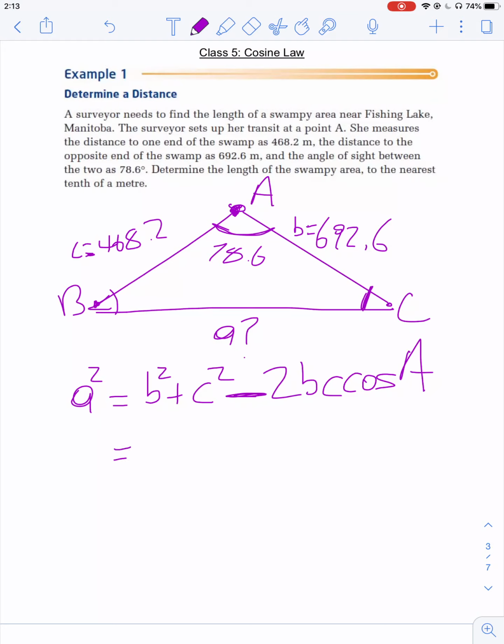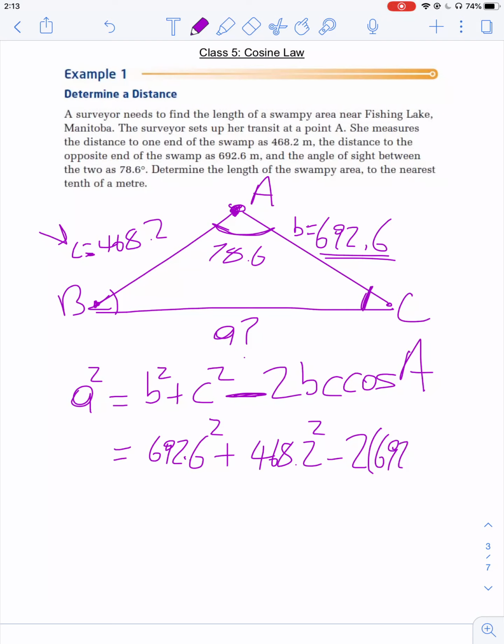This one is not too difficult. It's just a little messy. B is 692.6, so this will be 692.6 squared, plus C, which is 468.2 squared, minus 2 times 692.6. I'm going to continue underneath because I'm running out of space.